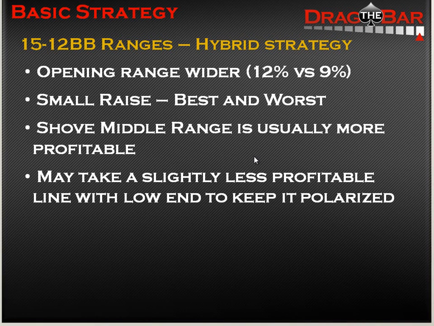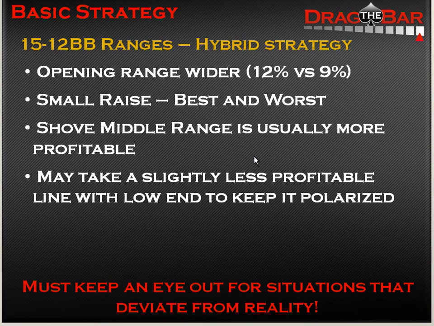There may be times where you look at the shove versus the open raise range and you take the slightly less profitable of the two to keep it polarized, and we'll take a look at that I think in some cases here. But basically what you want to do is use this for guidance to build your strategy, and then look at the strategy and make sure that it makes sense. Because if the calculator tells you to build a non-polarized strategy, then you're going to need to make some concessions to make your game stronger rather than being easily exploited.